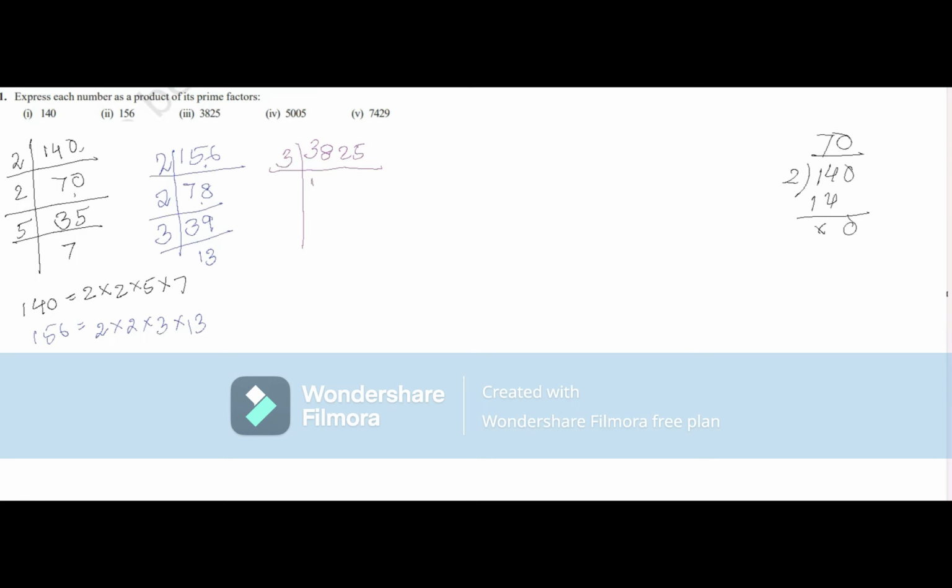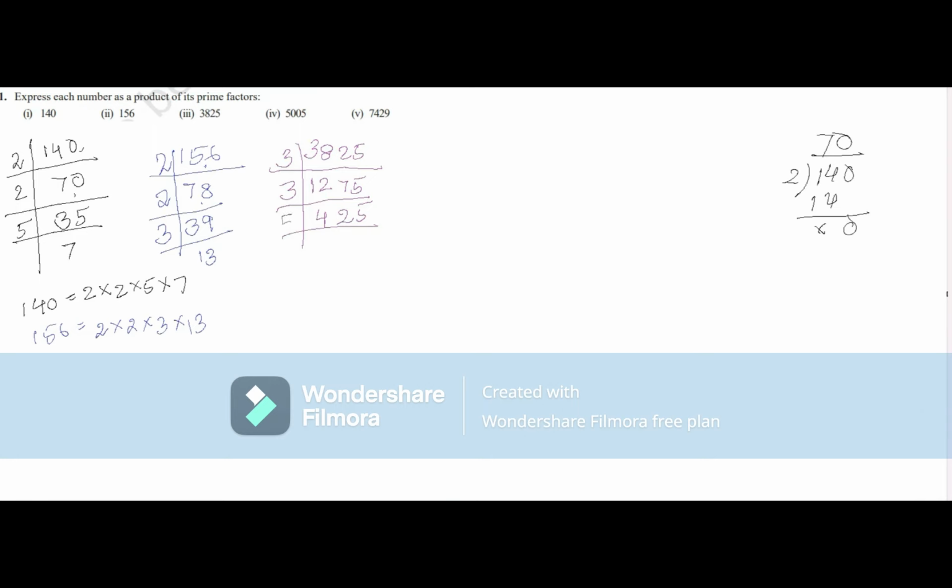3 ones are 3, 3 twos are 6, 22, 7 threes are 21, 5 threes are 15. Again this number is divisible by 3, 4 threes are 12, 3 twos are 6, 5 threes are 15. Now it is no more divisible by 3.